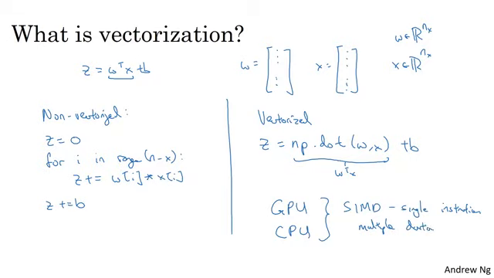But what this basically means is that if you use built-in functions such as this np.dot function or other functions that don't require you explicitly implementing a for loop, it enables Python and NumPy to take much better advantage of parallelism to do your computations much faster. And this is true both for computations on CPUs and computations on GPUs. It's just that GPUs are remarkably good at these SIMD calculations, but CPUs are actually also not too bad at them, maybe just not as good as GPUs.